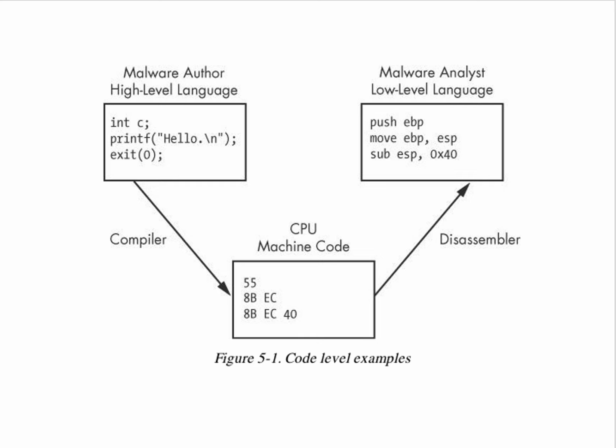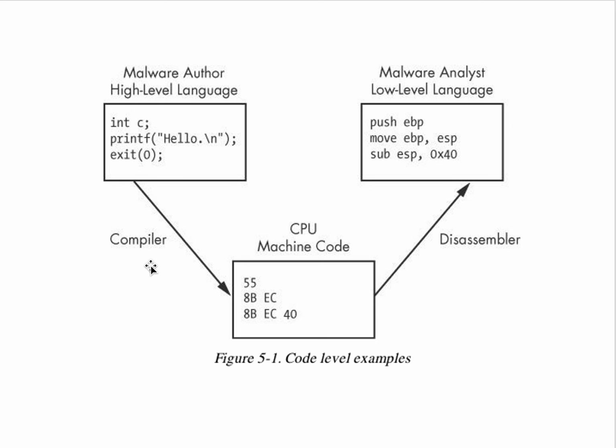Now, at the code level, here is how the compiler relates to the CPU. The malware author writes this in C, and then it gets compiled into actual machine code. That's why we're using C in our examples.